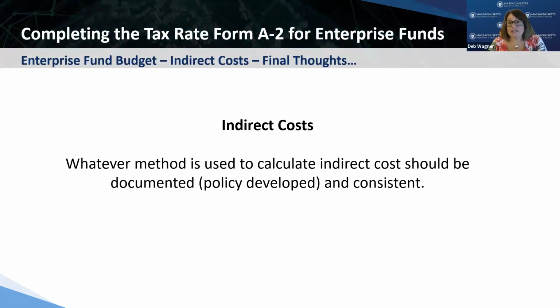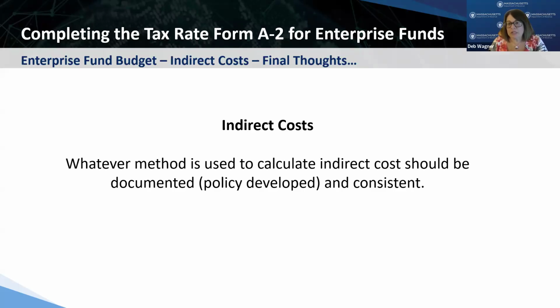So for indirect costs, my final thoughts are whatever method is used to calculate indirect costs, it should be documented. There should be a policy developed and agreed to by everyone, whoever is responsible for passing or approving policies in your community, whether that's the city council or select board.